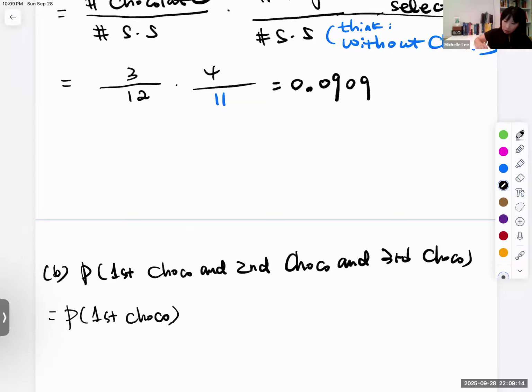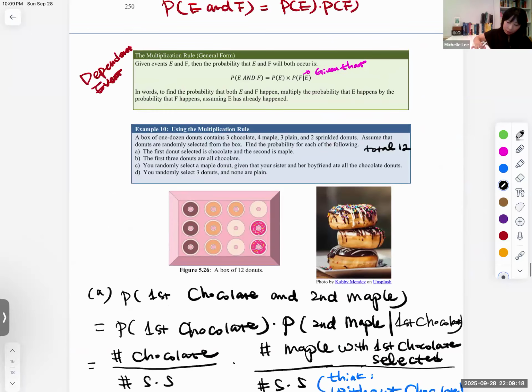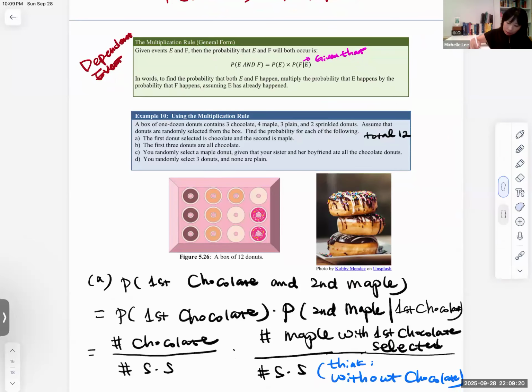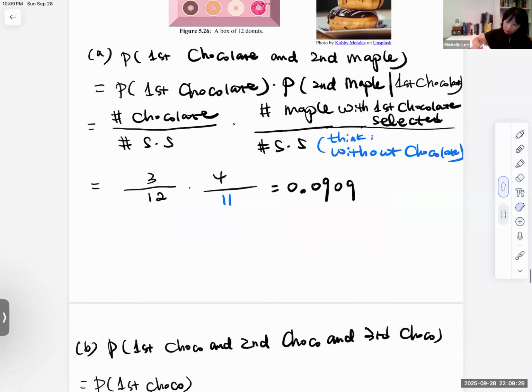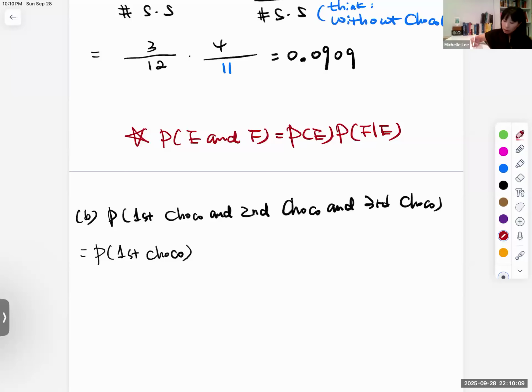And times. So we need to follow the formula. Let me write down the formula here. Okay, so I wrote down the formula here, right?